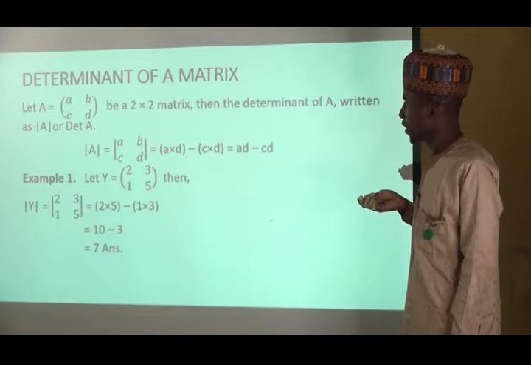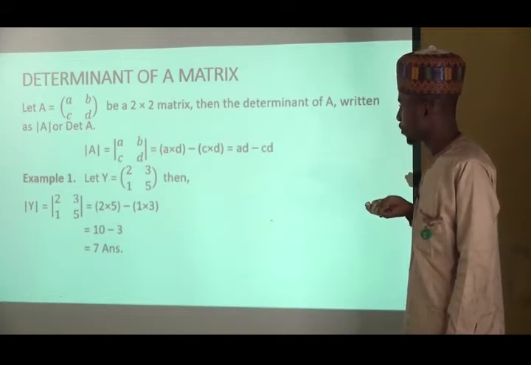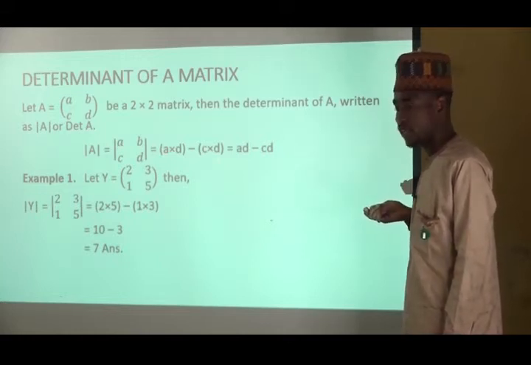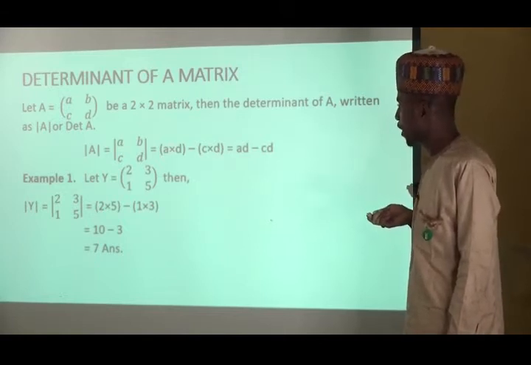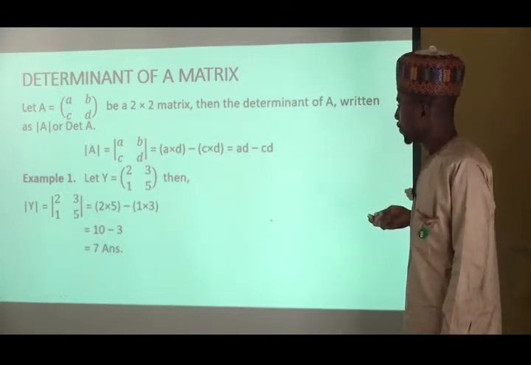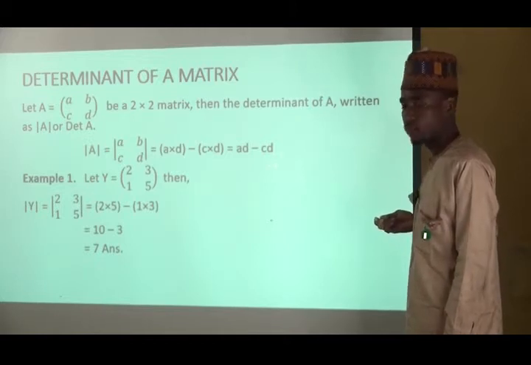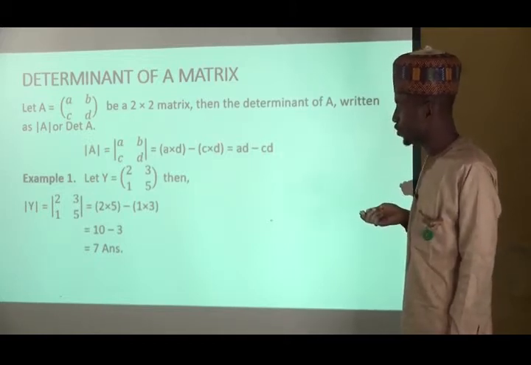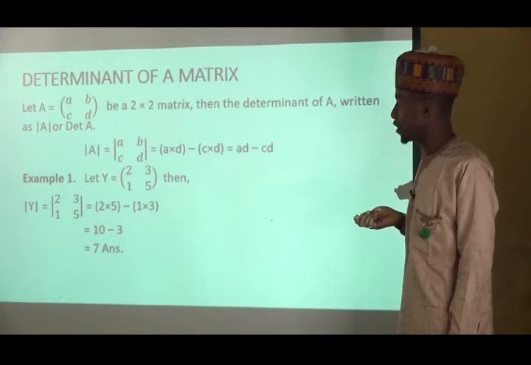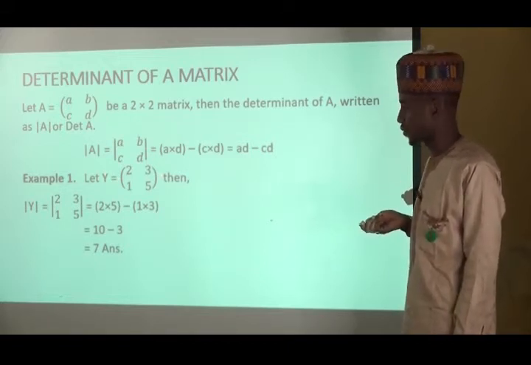When you multiply a times d, you have ad. c times b, you have cb. Now let's apply this rule to solve a particular problem under the determinant of a 2 by 2 matrix.